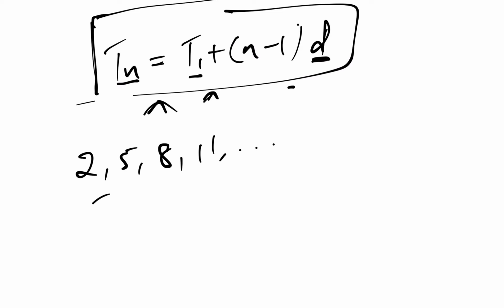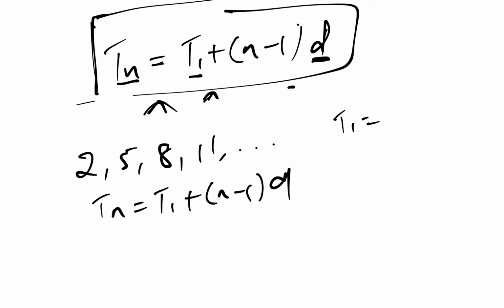The formula says Tn is equal to T1, which is the first term, plus n minus 1 times d. So we said T1 denotes the first term. The first term is 2.